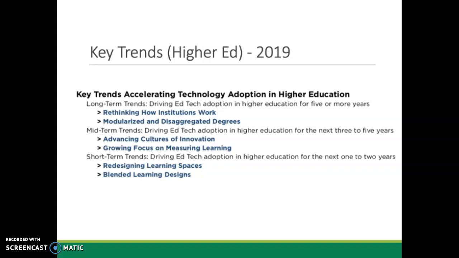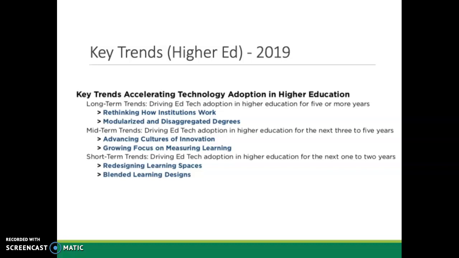So if you look at the key trends in 2019, they are not tool-based specifically, but more broadly education related. In these trends, they talk about rethinking how institutions work, disaggregated degrees, advancing culture of innovation, growing focus on measuring learning, and also redesigning learning spaces and blending learning environments.